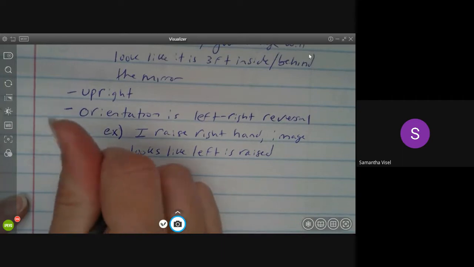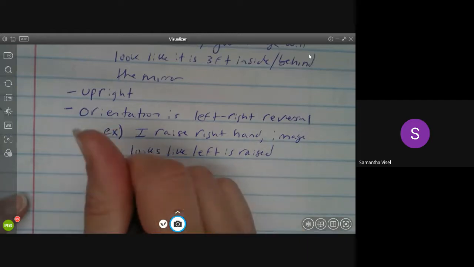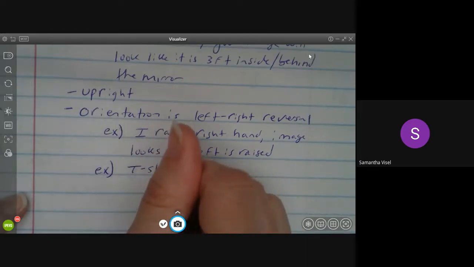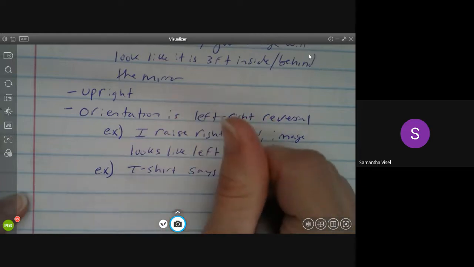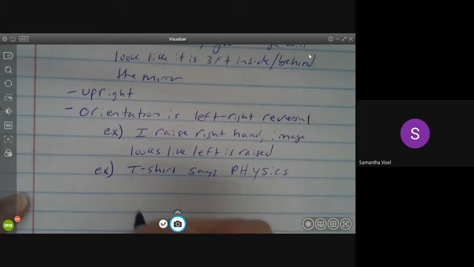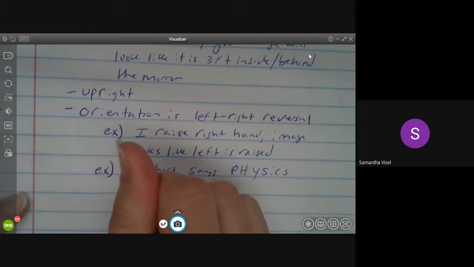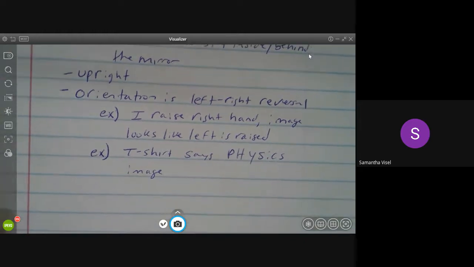Or this might be even more noticeable if you're ever wearing a t-shirt with letters on it. For example, if your t-shirt says physics on it, and you go and stand in front of the mirror, again, your image is going to have this flipped from left to right.